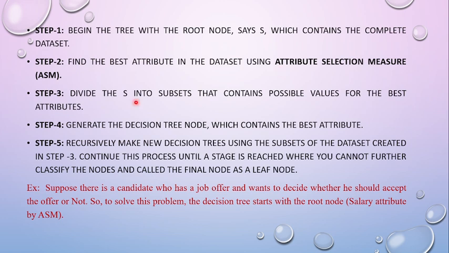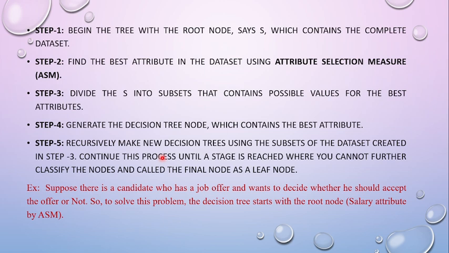Then step number 3, divide S into subsets that contain possible values for the best attribute. Step number 4, generate the decision tree node which contains the best attribute. And step number 5, recursively make new decision trees using the subsets of the dataset created in step number 3, and continue the process until a stage is reached where you cannot further classify the nodes, and call the final node a leaf node.